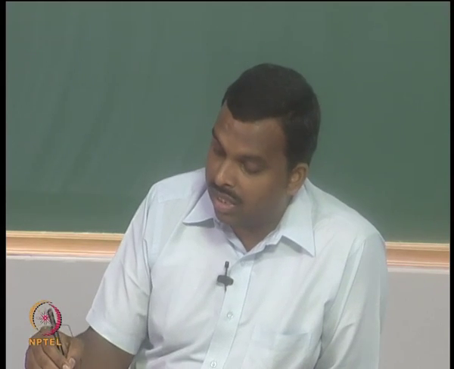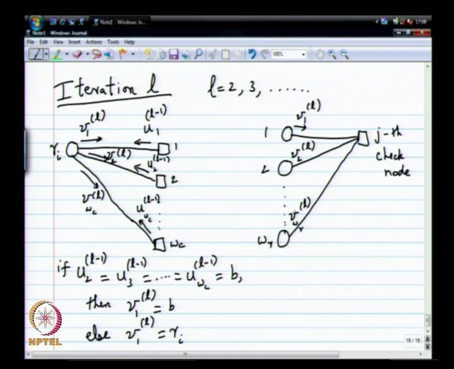What are these messages? Once again, remember, these are all estimates for the corresponding bit. So v1L is an estimate for bit 1, v2L is an estimate for bit 2, and so on, received in the lth iteration. Now this node will have to send back u1L, u2L, and so on up to uwrL.